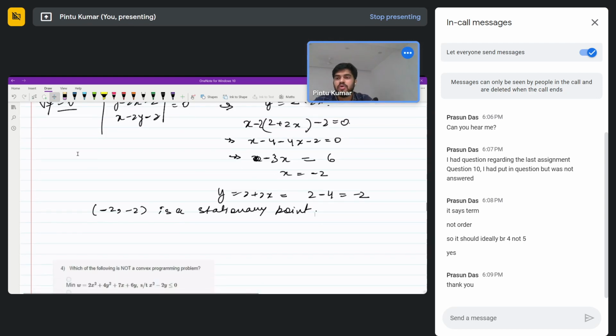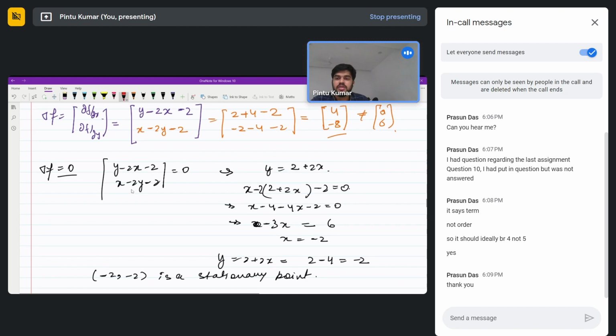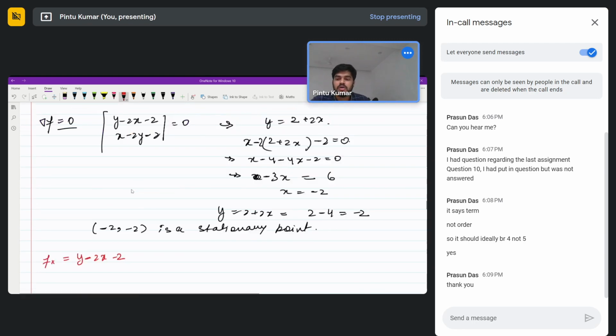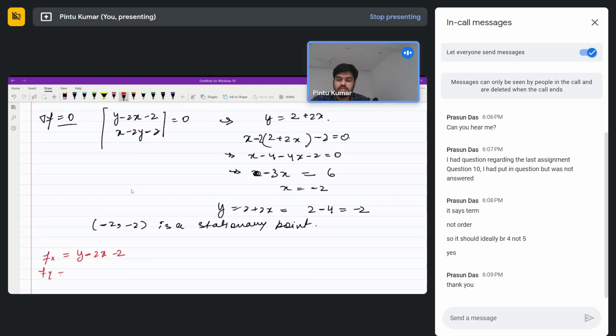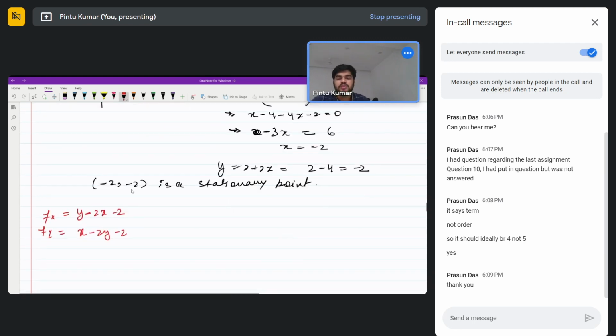Now in order to calculate the Hessian, we have calculated that my f of x is y minus 2x minus 2 and my f of y is x minus 2y minus 2, right? So I need to find f of xx, which is minus 2, right?